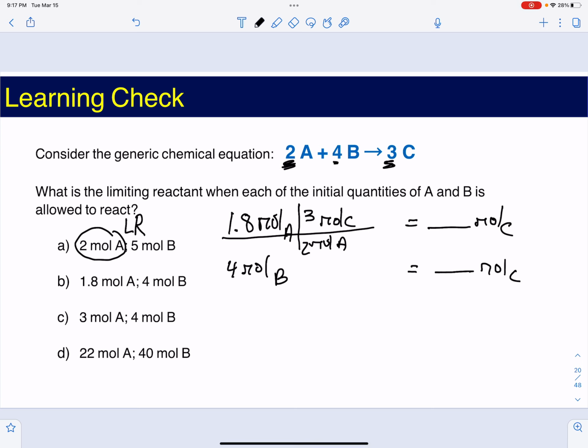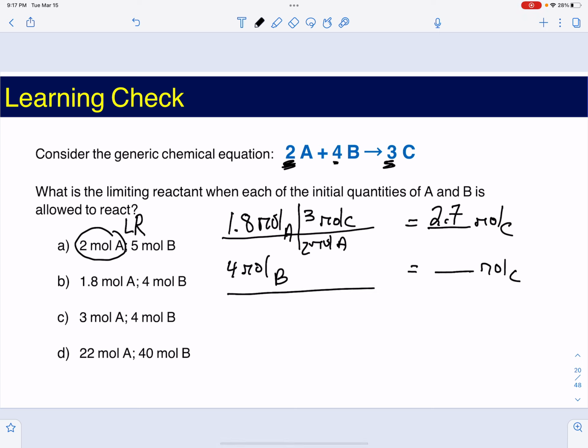So when we do that calculation, 1.8 times 3 is 5.4. 5.4 divided by 2, that's going to be 2.7. So if you use 100% of A, which is 1.8 mole, you're going to make 2.7 moles of C.